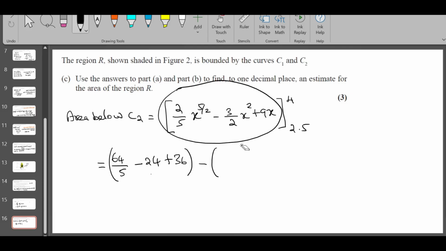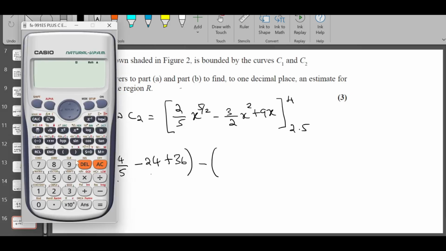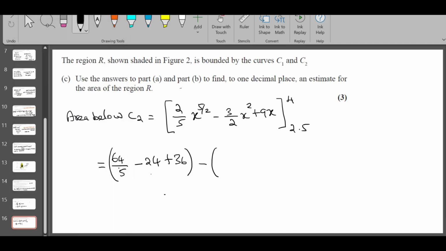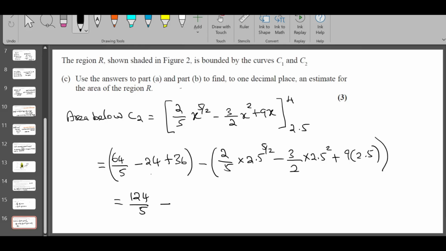First find 64 over 5 minus 24 plus 36, which is 124 over 5, I'll keep it as that, minus, you write a step first, 2.5 to the power 5 over 2 minus 3 by 2 times 2.5 squared plus 9 times 2.5.